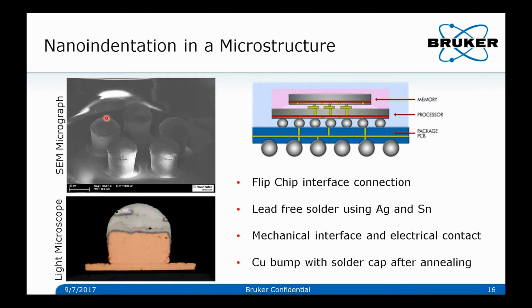They have a rounded solder cap on top, which is rounded after annealing. And then on the bottom here, you can see a cross-section where you have copper underneath, and then you have a softer solder material on the top. And the way that it works is you melt the solder, then you do the connection and make the bond to the memory.